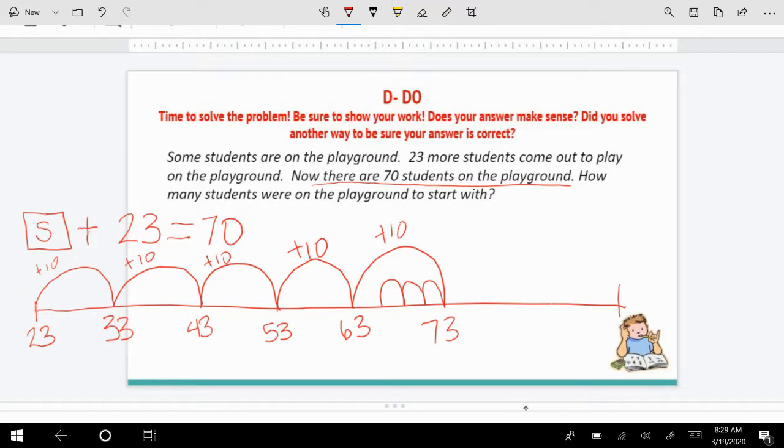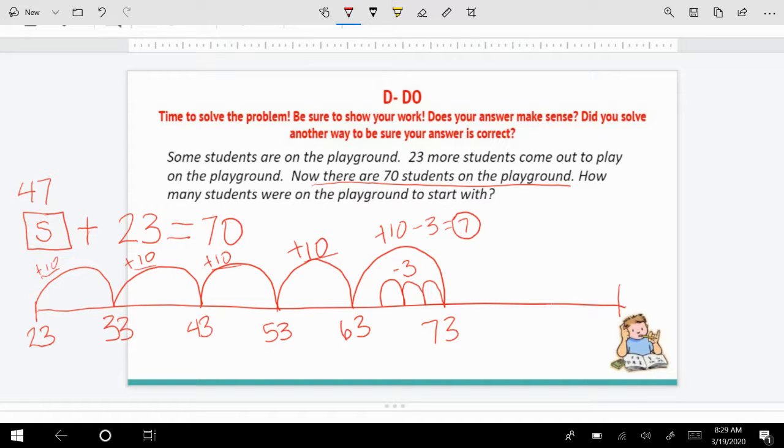And here you can see that we subtracted 3 hops. So I have to make sure that that 10, that I take away 3 from that, and that would give you 7 additional hops here. So then I can count 10, 20, 30, 40, plus that 7. So 47 students were on the playground to start with.